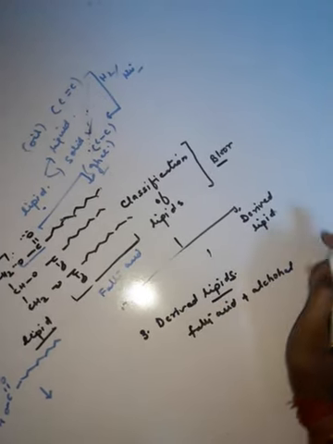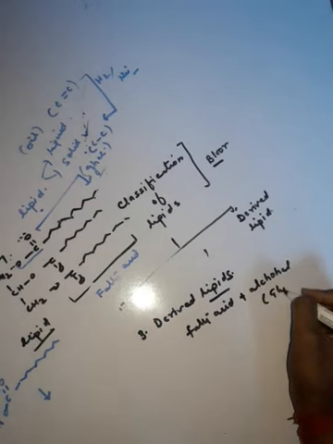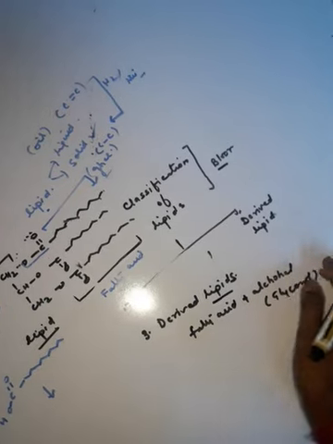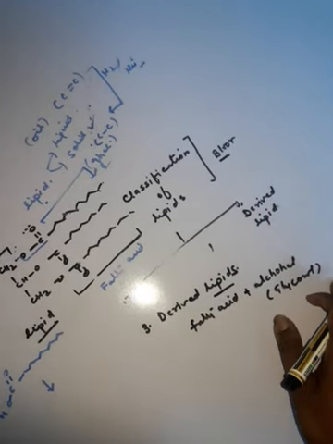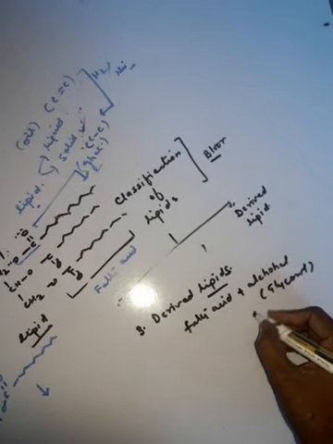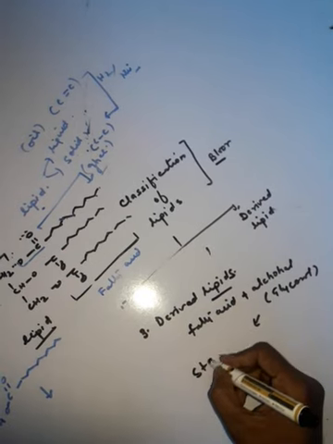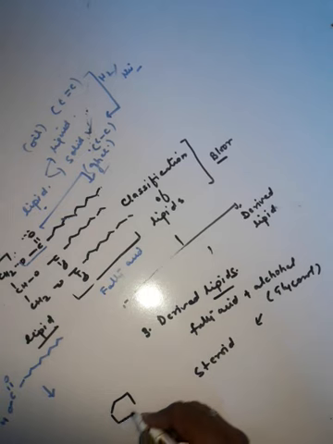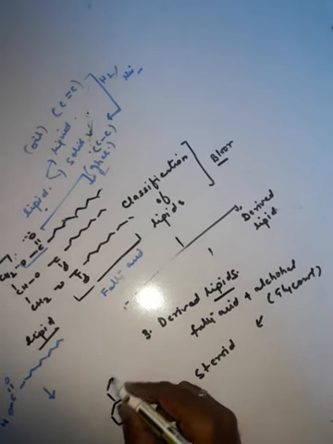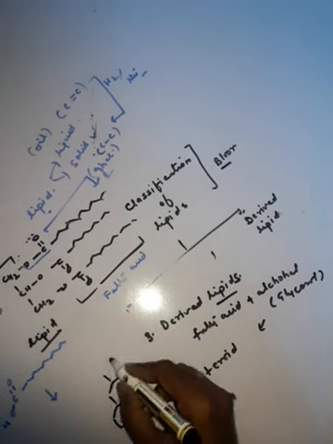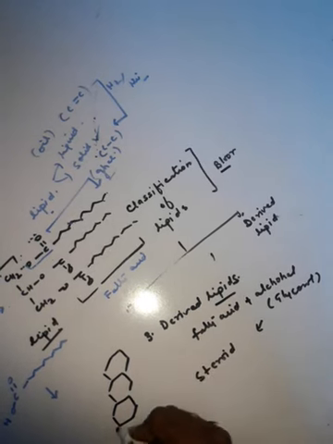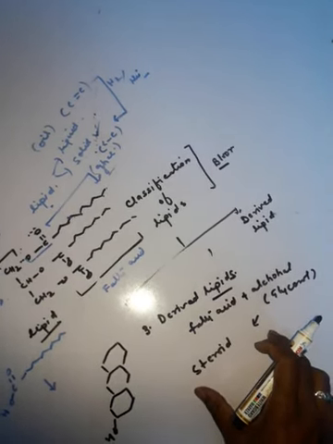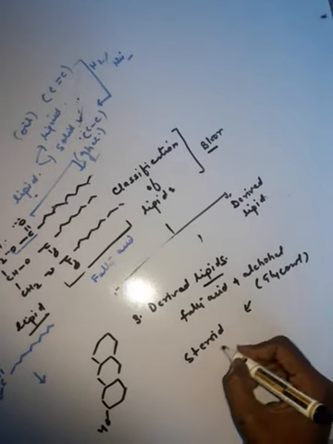And this alcohol may be glycerol, and the alcohol part may be steroid. Steroid contains a number of cyclic rings, and in this OH is also present, so it may be steroid or sterol.